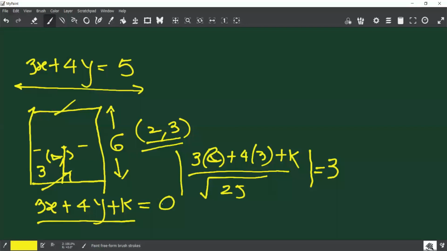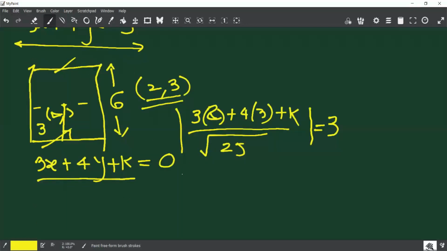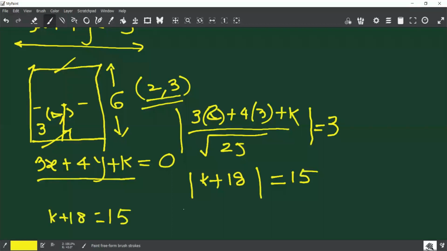So mod of k plus 18, this is 5, cross multiplying, is 15. So take plus or minus: k plus 18 is either 15 or k plus 18 is minus 15.